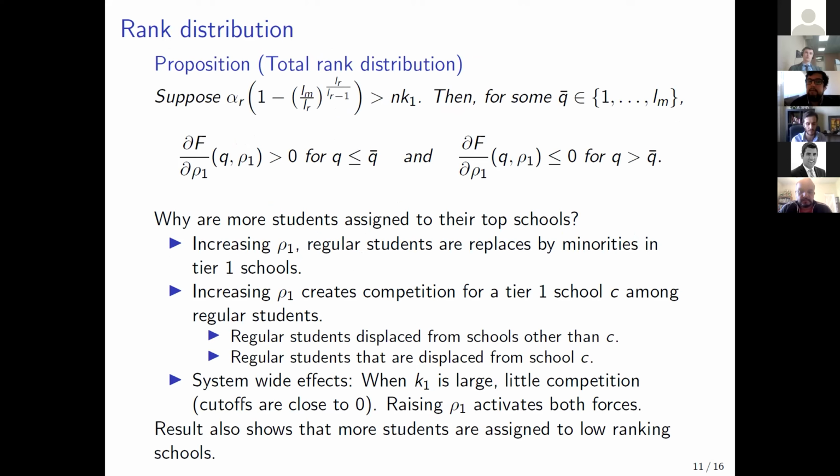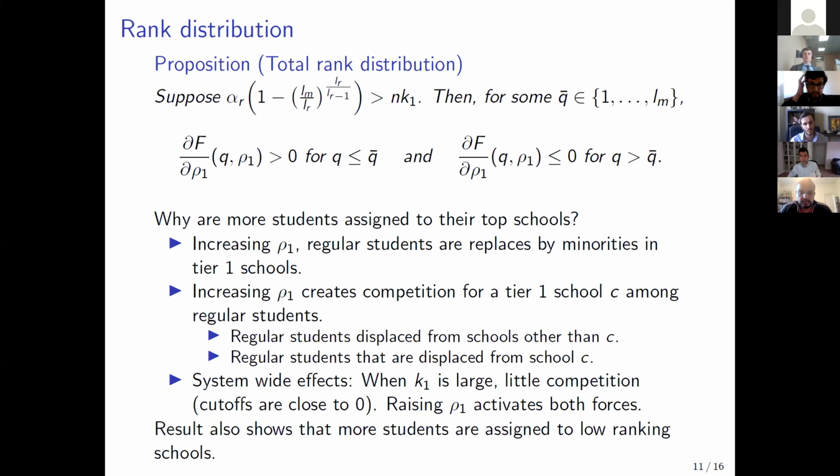So suppose that K1 is not too large, then there exists some bar Q such that for all Q less than bar Q, the distribution is increasing in row 1, right? The number of students assigned to one of the top Q schools increases in row 1. But for Q greater than bar Q, the number of students assigned to one of the top Q schools is decreasing. So this result is saying that more students are assigned to the top schools when we increase row 1.